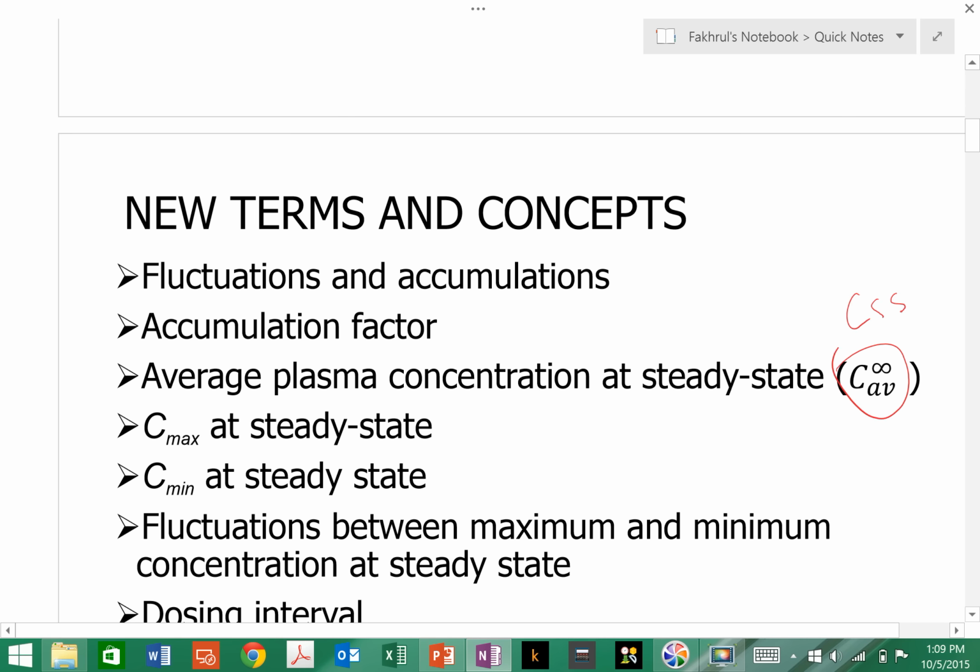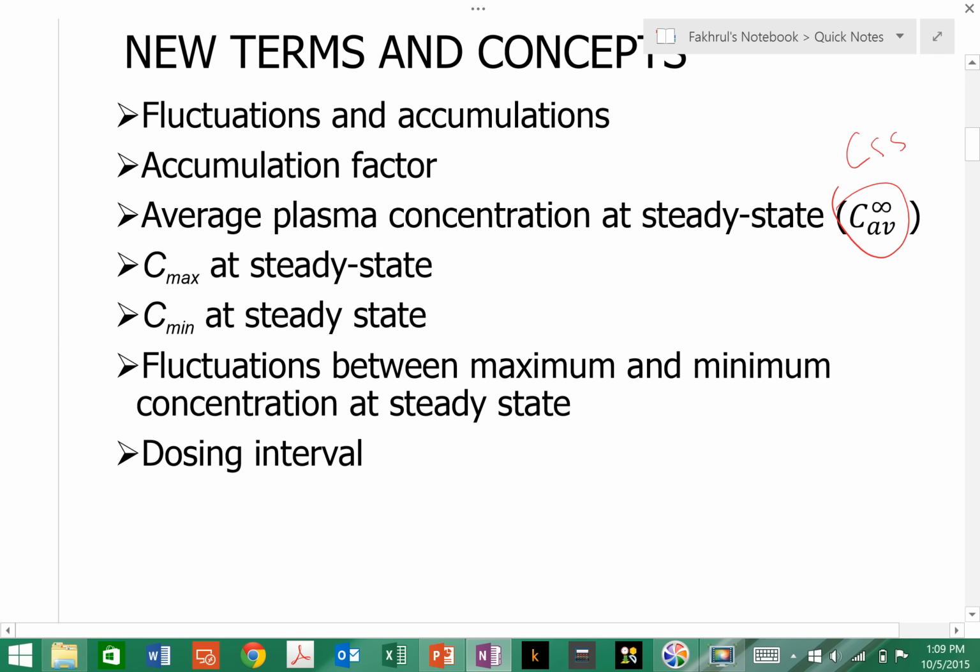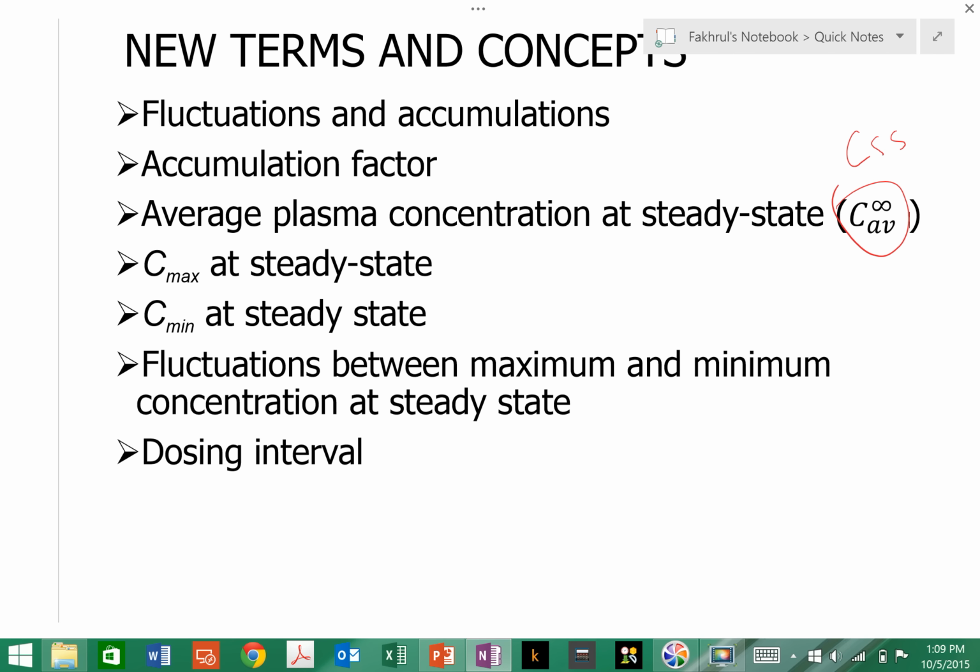And we'll learn about Cmax at steady state. We'll also learn about Cmin. And we'll learn some new concepts: dosing interval, dosing rate, and the fluctuation that occurs between maximum and minimum concentration at steady state.